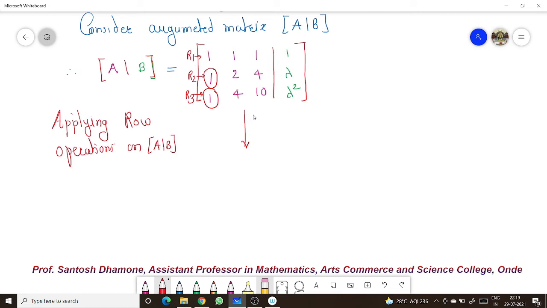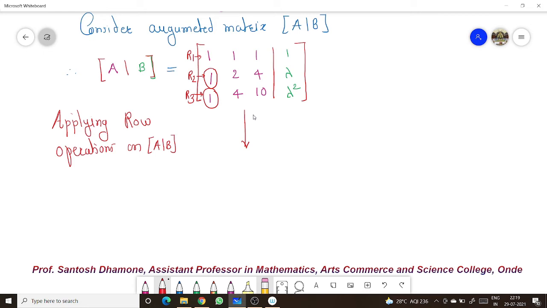Here the rank of matrix A is equal to 2 and the rank of augmented matrix AB is equal to 3 when lambda minus 1 into lambda minus 2 is not equal to 0. This implies that lambda is not equal to 1 and lambda is not equal to 2.